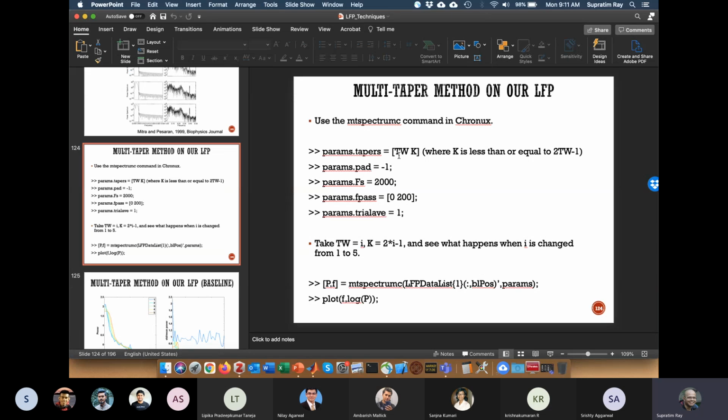So this could be 1, 1, 2, 3, 3, 5, and so on. There are some other options here, such as whether you want to zero pad a signal or not, I'll tell you what that means in a bit, and some other things. So I'm just setting params.tapers and params.Fs here and taking default values for the rest.